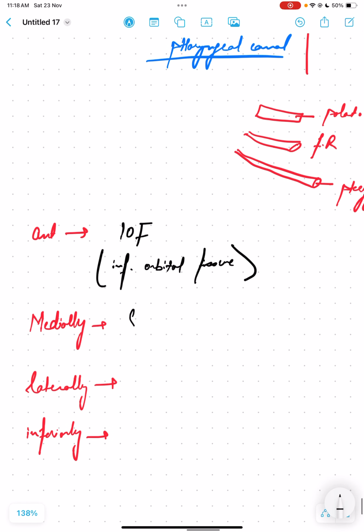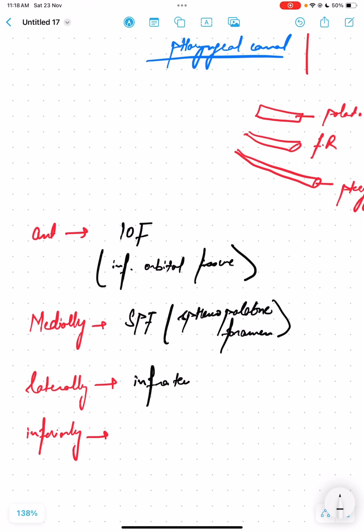So medially we have the sphenopalatine foramen, and laterally we have the infratemporal fossa. And inferiorly it is very simple, it is the greater and lesser palatine canals.